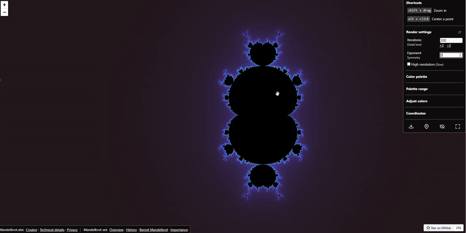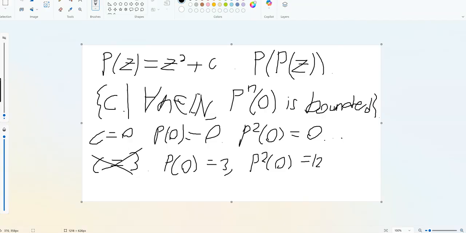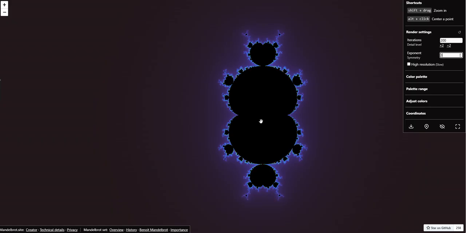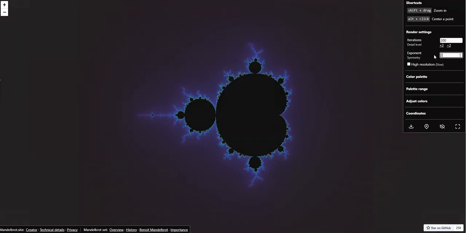Exponent. Oh, it's probably like z cubed, right? Like for instance on Paint we had this is like z squared. I'm guessing that this is changing the exponent, which no longer I guess is really the Mandelbrot set, but it's just a larger family of functions. I'm curious, can we do a decimal?